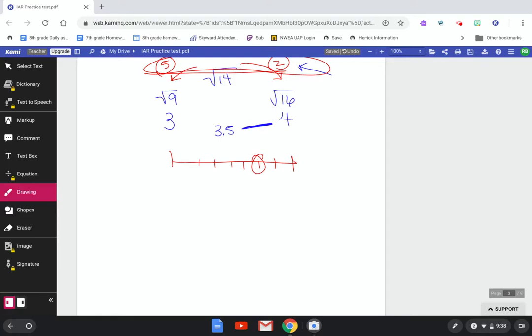So what I'm going to say though is this is pretty close to 4, so I'm going to guess that it's 3.8. And then from here, I'm going to do 3.8 times 3.8.